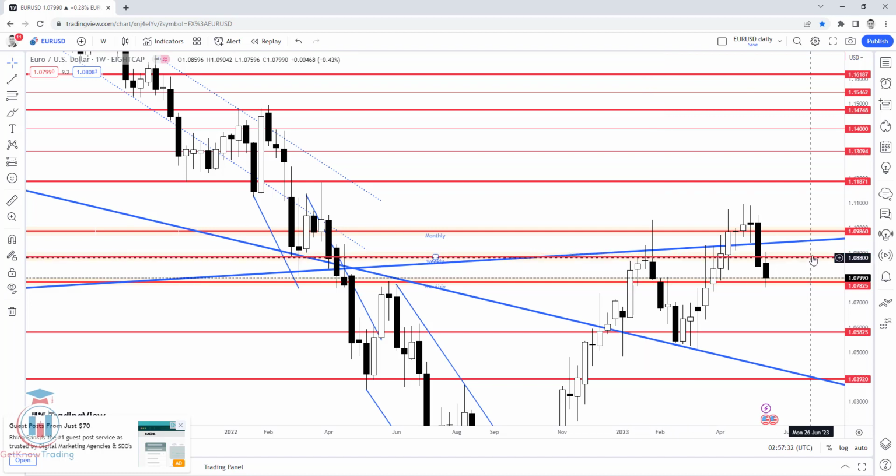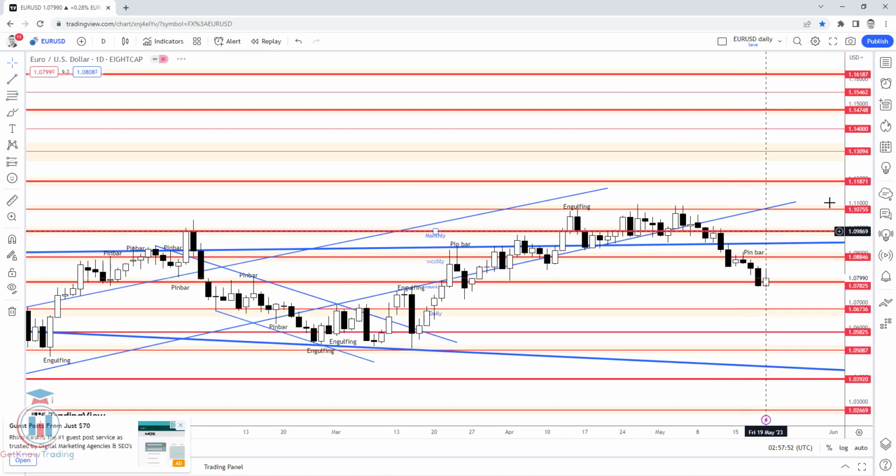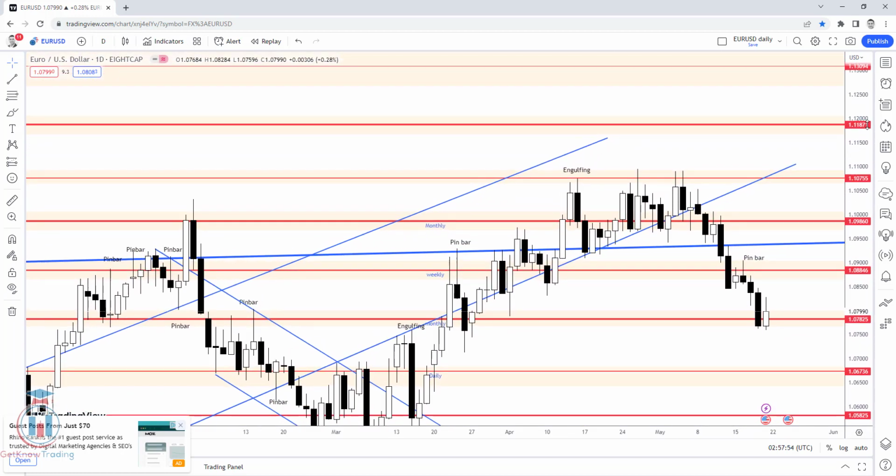If the price goes above and closes the week above, it will mean that the price has recovered from this fall, and from there the price will try to reach 1.09860 again, which is also a confluence of resistance preventing the price from moving to higher levels. Now let's see on the daily time frame how this looks and also what the critical levels are.